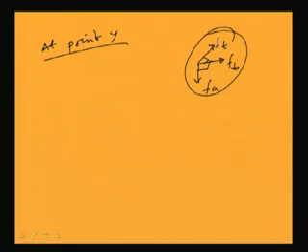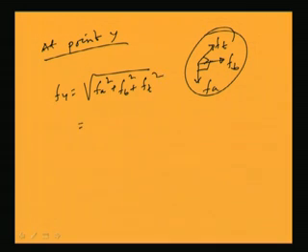So, Fy will be root over Fa square plus Fb square plus Ft square, and this has to be less than 108 MPa. So, Fy means stress developed at point y.